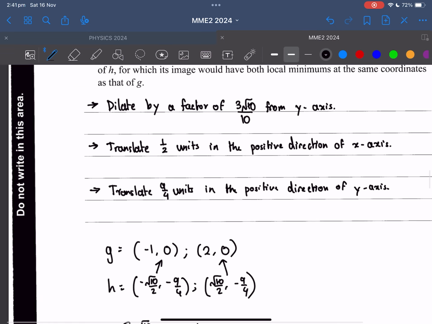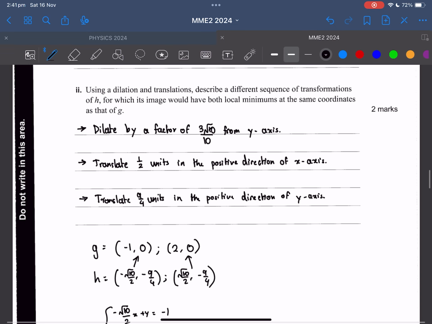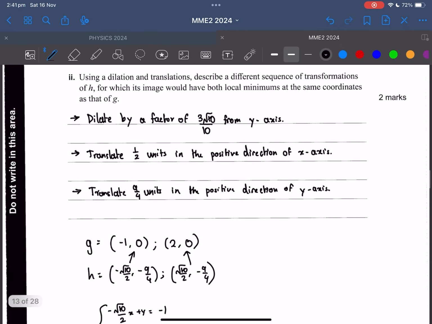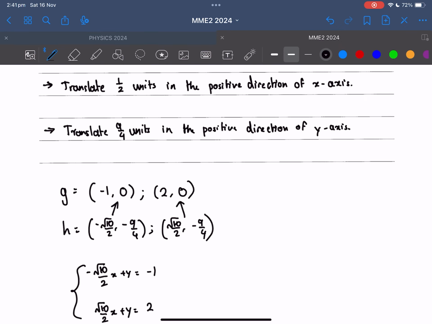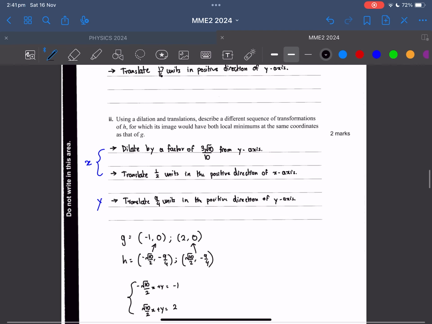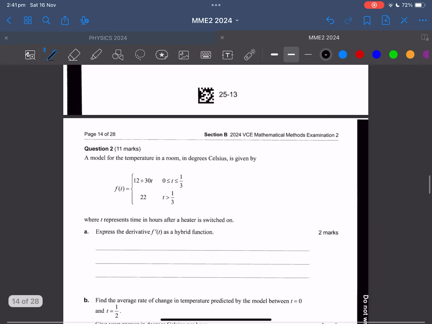Okay, so these are the dilations and translations you need to go from the local minimum of H to the local minimum of G. So these two are for the x coordinate and this one is for the y one. Okay, hopefully this method makes sense and makes everything quite a bit easier. So let's move on to the next question.